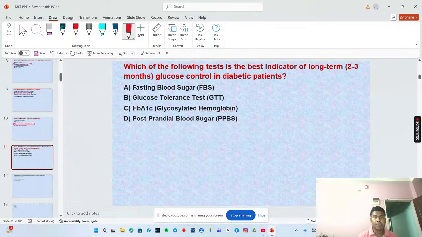Which of the following tests is the best indicator of long-term, 2 or 3 months, glucose control in a diabetic patient? The answer of this question will be HbA1c, which is glycosylated hemoglobin.